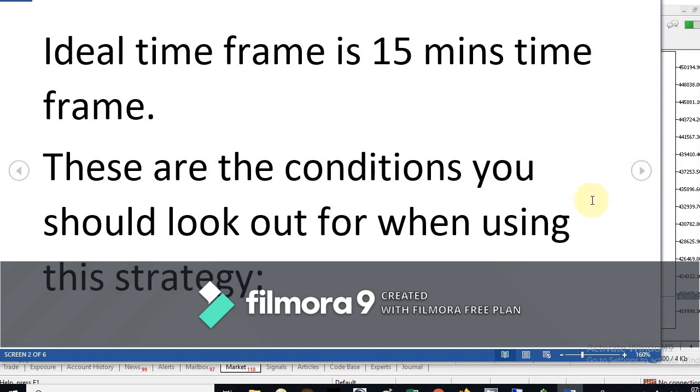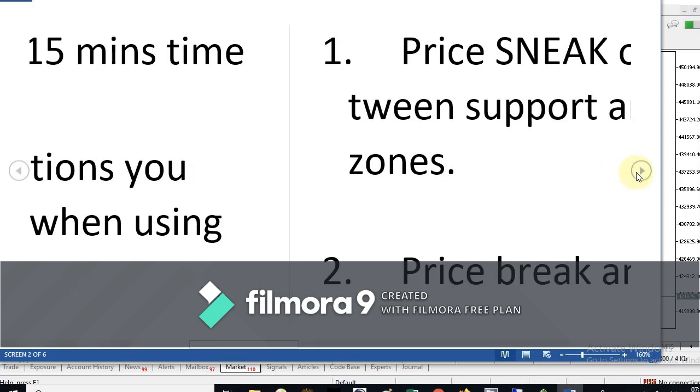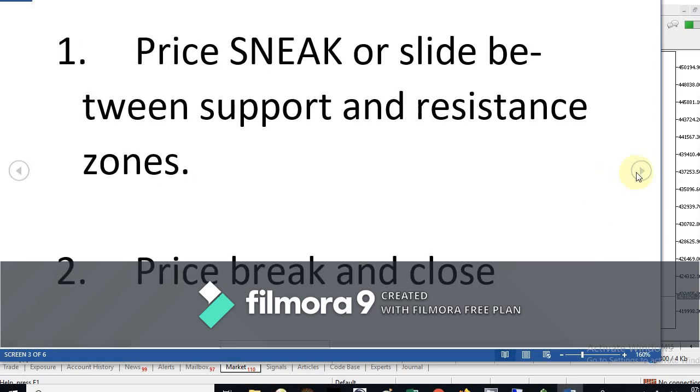These are the conditions you should look out for when using this strategy. 1. Look out for price snaking or sliding between support and resistance zones. 2.